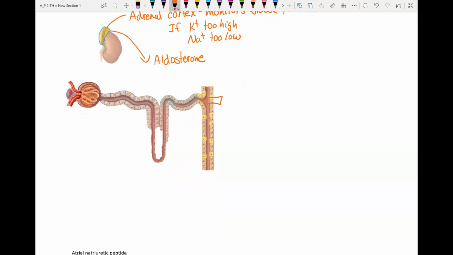Aldosterone makes your nephron have sodium-potassium pumps. These are going to put sodium into your blood. And they're going to put potassium into your urine. So they're fixing that problem.